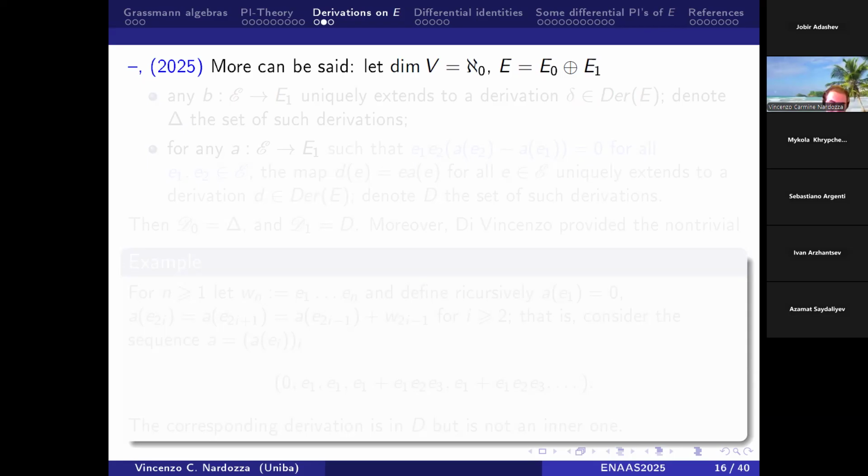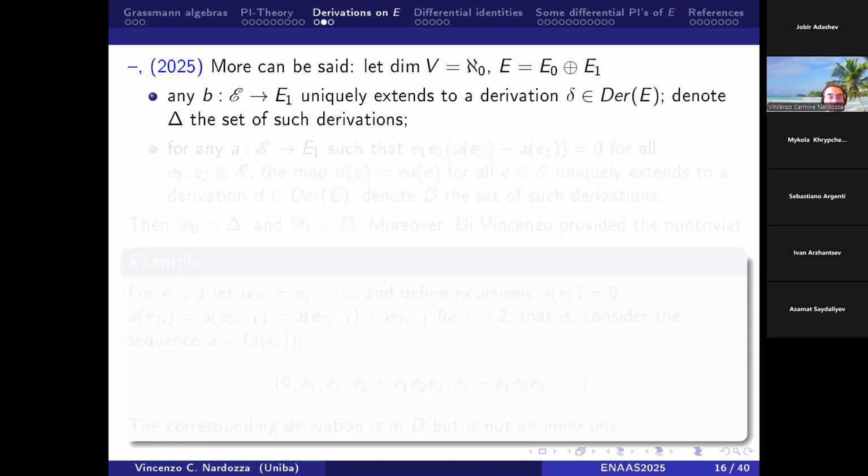Then assigning any arbitrary map from the basis of E to the odd component of E, there are essentially two basic ways to construct a derivation for E. The first one is to extend this map using linearity and the Leibniz rule directly. And this defines uniquely a derivation delta on E. Denote by capital Delta the set of such derivations.